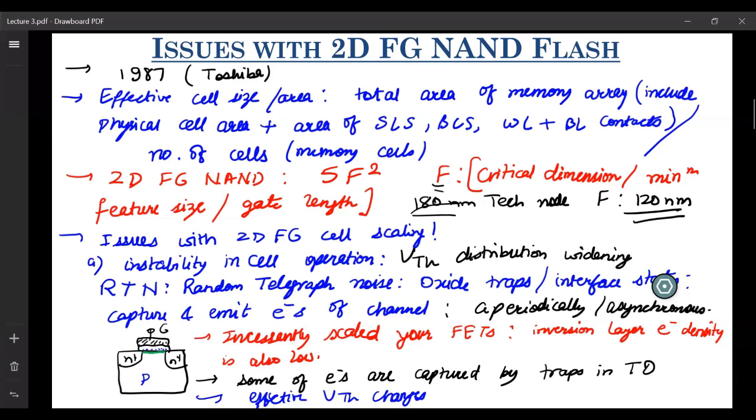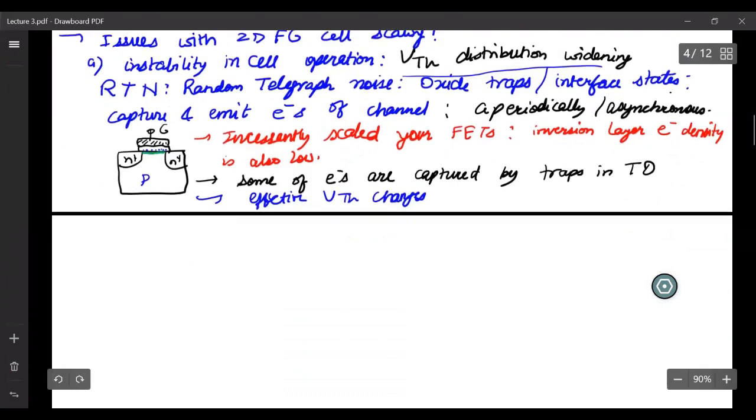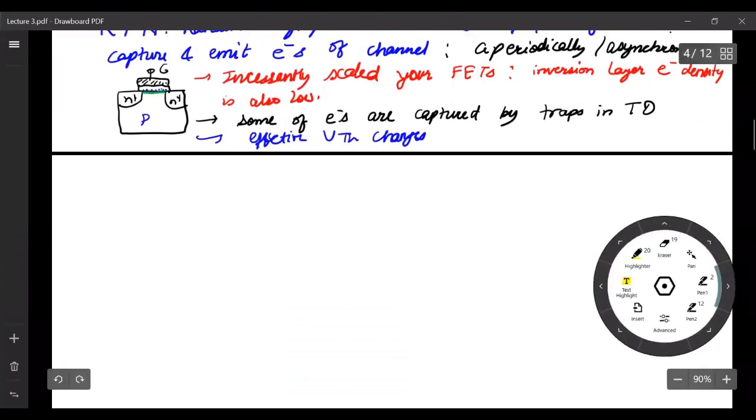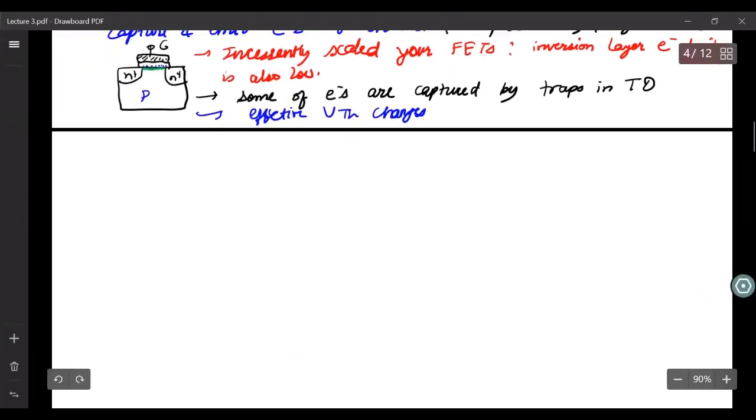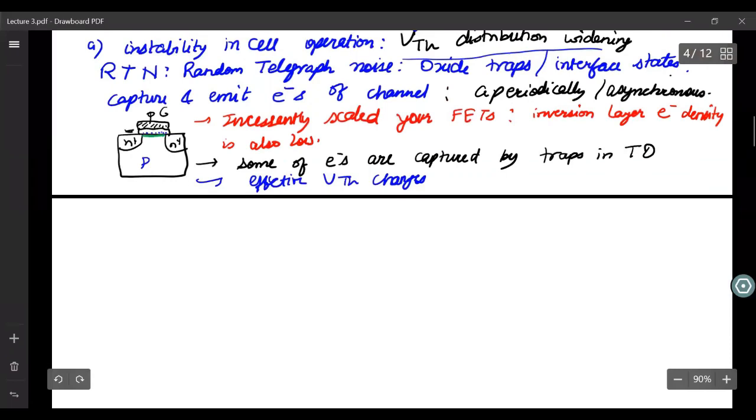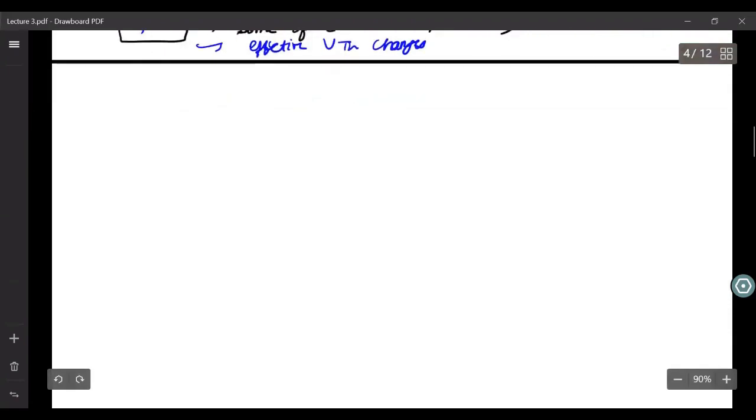And therefore there's this VTH distribution widening. And the worst part is that as you scale down, your oxide thickness reduces, and as your oxide thickness reduces, the impact of RTN gets further amplified. Let me write that as well.